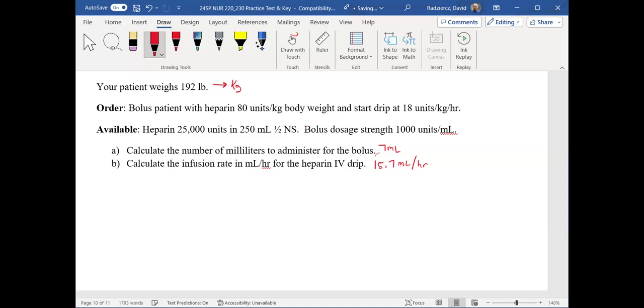And then for the infusion rate, you take the same patient weight in kilograms, multiplying it now by 18 units per kilogram per hour. Then you use the available IV, which is the heparin, 25,000 units in 250 milliliters half normal saline, and you calculate to get to the 15.7 ml per hour.